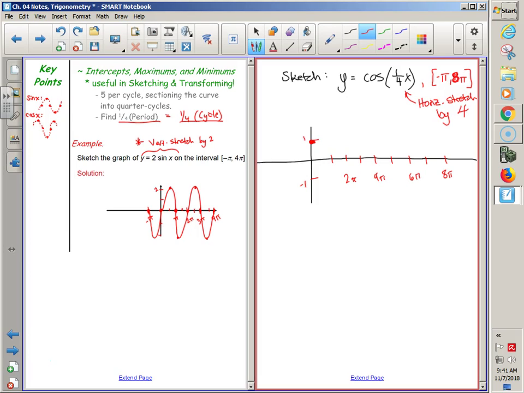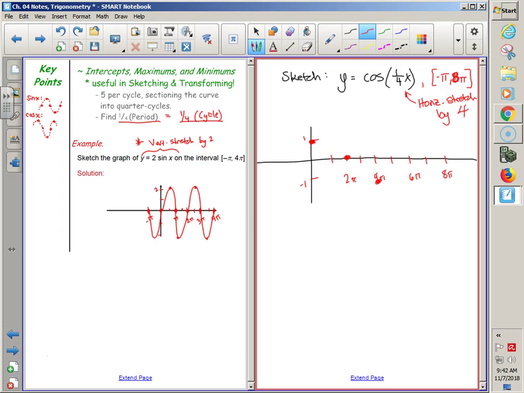Well, struggle. So if cosine used to hit the middle or the axis, used to hit 0 at pi over 2, well, that times 4 is now 2 pi. So pi over 2 times 4, that's 2 pi. Then cosine used to hit negative 1 at pi, well, that times 4 is 4 pi.